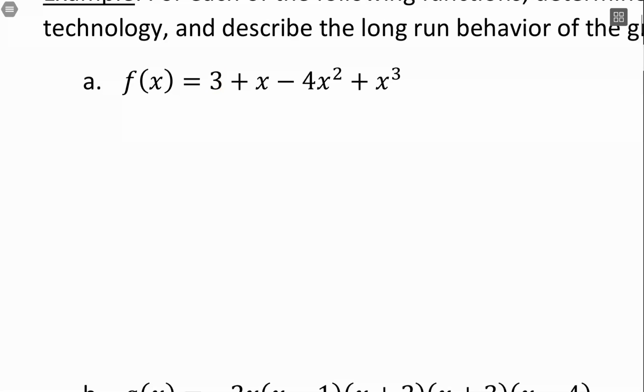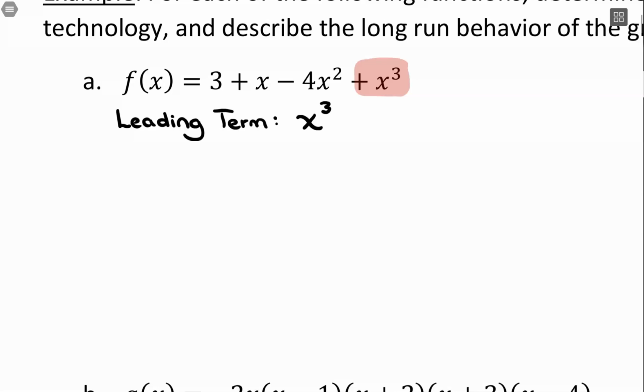To find our leading term, I'm going to look for the highest degree term, or which term has the largest exponent, and that's going to be our positive x cubed. So the leading term is just positive x cubed. I would want to include any number, or if it's negative, that would all be very important. This is just positive 1, so this is just x cubed.